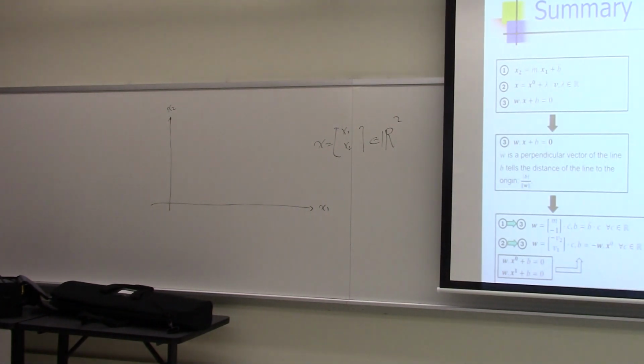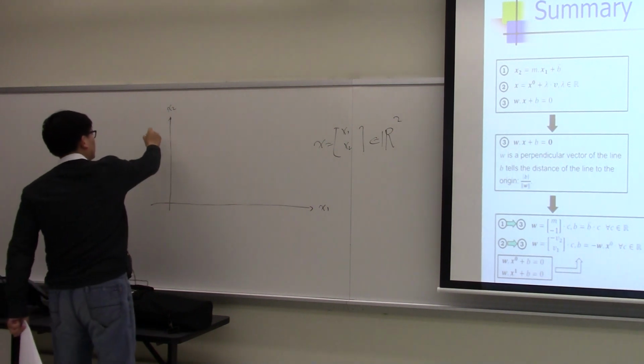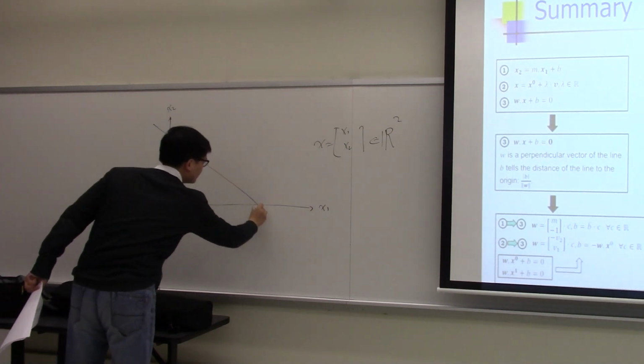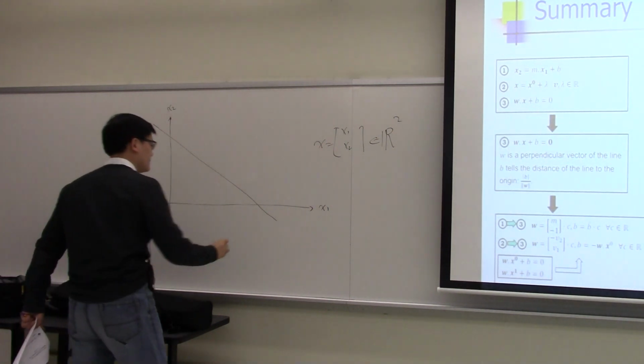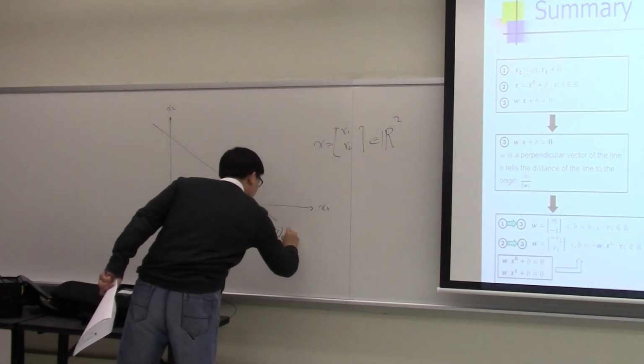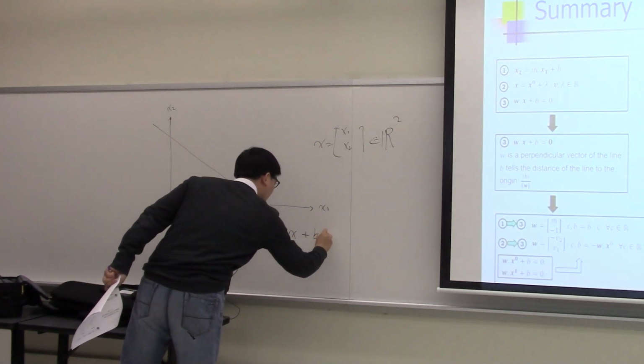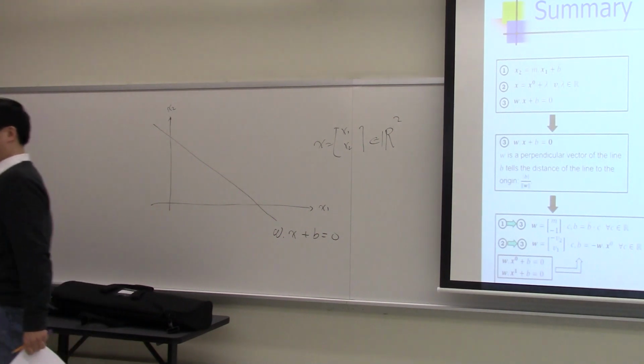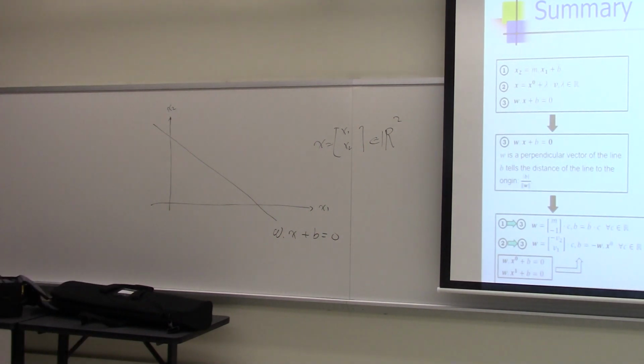Any line can be represented as W dot x plus B equal to 0. And you should understand the meaning of W, the meaning of B.